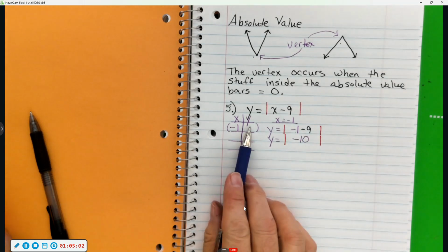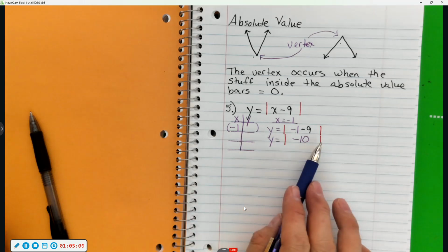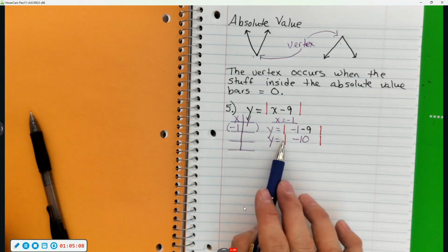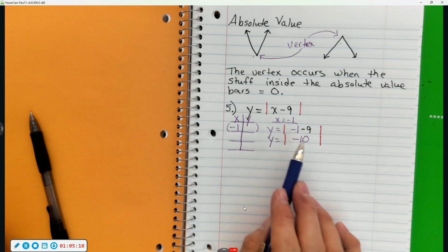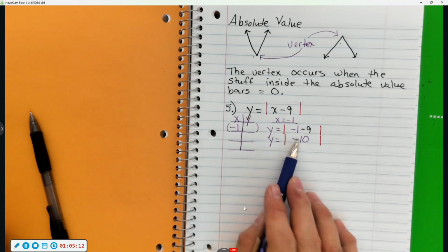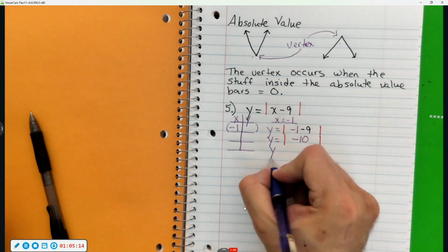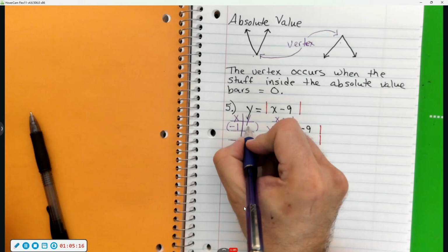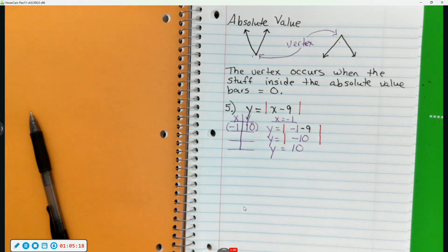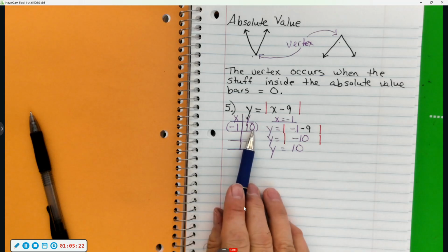But that's not going to be our y value. You've got to actually take the absolute value. What's the absolute value of negative 10? 10, okay? So positive 10. Is this ordered pair the vertex?